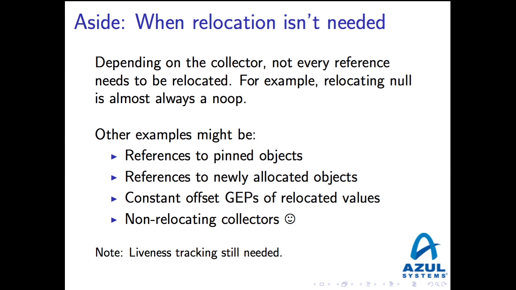So you don't need to track it for liveness purposes, nor do you need to update its value at runtime. There are other examples. For example, if you have a pinned object that is not being relocated, or in many collectors, an object that has been allocated in the current collection cycle, those will not be moving. So you'll need to track them for liveness purposes, but you won't need to actually relocate them at runtime. So that enables some optimizations.